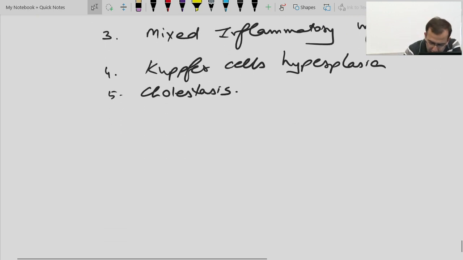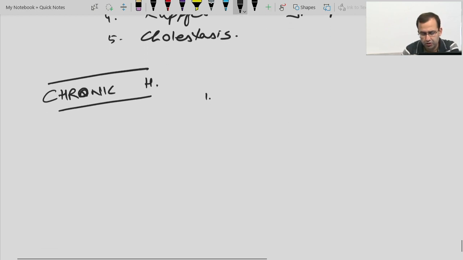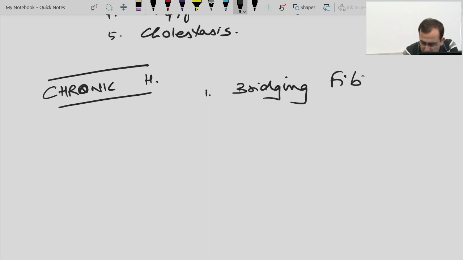Versus chronic hepatitis, which is associated with three main microscopic features, the first being bridging fibrosis. Bridging fibrosis means liver has two big areas, portal tract and central vein.